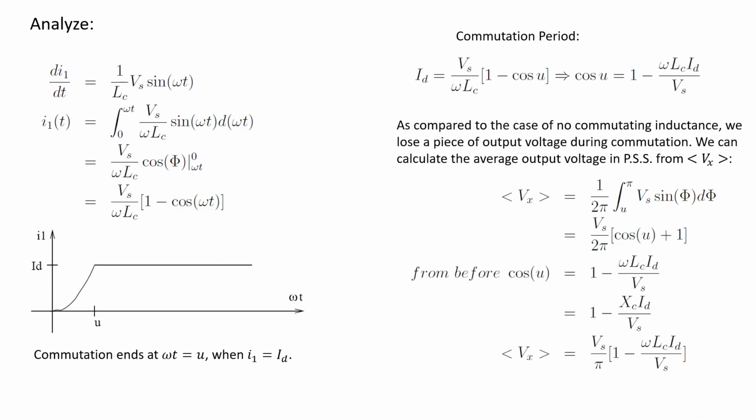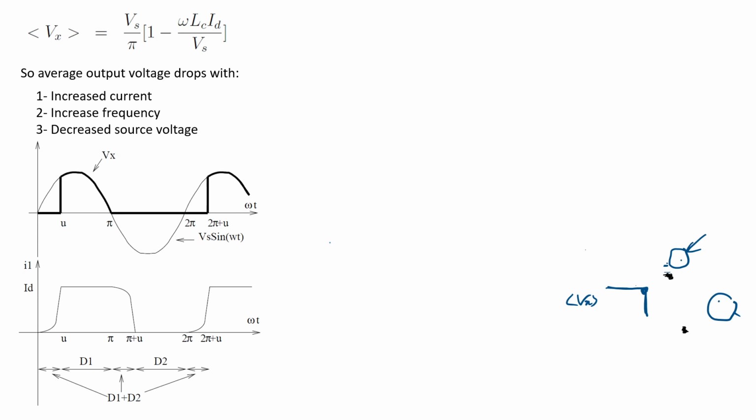So what happened with the waveform? I'm not going to explain every detail of the calculation here. What happened is that during the transition, when I1 increases up to ID, VH is still zero. So now we can see the average voltage of VH compared to the ideal case, VH has this waveform, right?